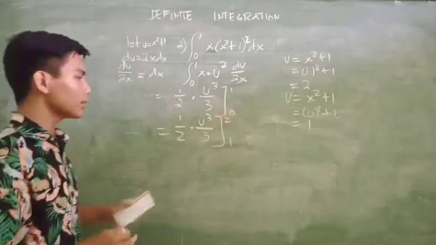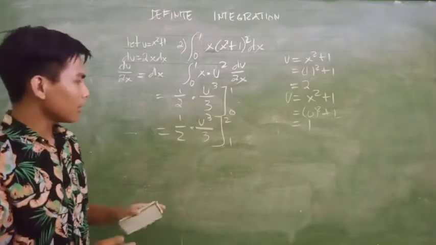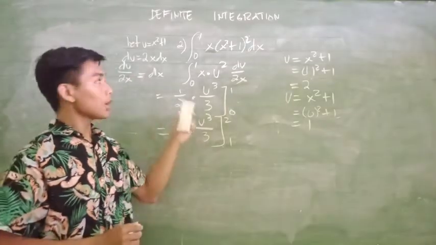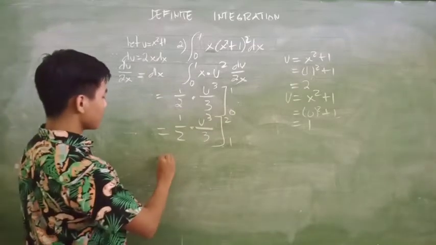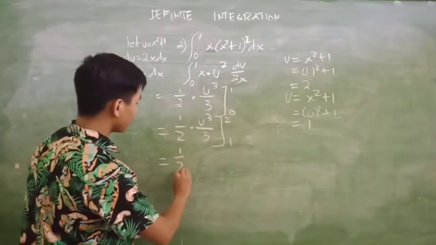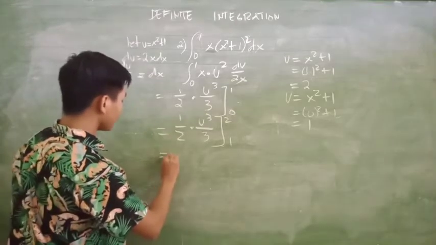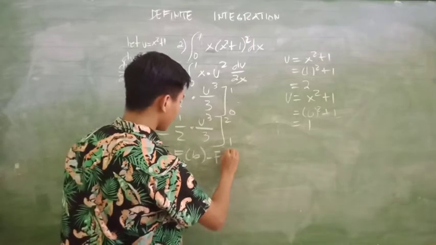So now we can use our definite integration solution. Unlike before, we had to substitute the original formula. So this would be 1/2. So our solution of definite integration is f of b minus f of a.